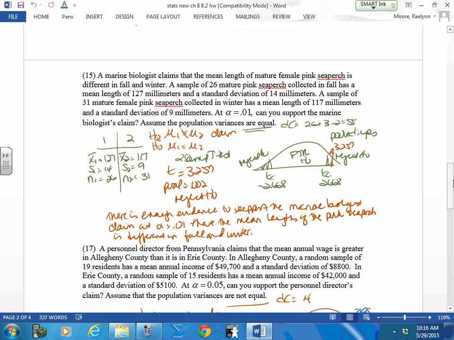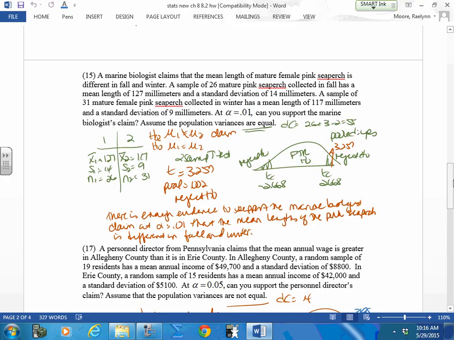Then they sampled 31 in the other season, so make it a 1, make it a 2. You have a level of significance of 0.01, and your variances are equal. So you're going to add your ends together and subtract 2. When you do that, you get 55. Your table does 50 and 60.